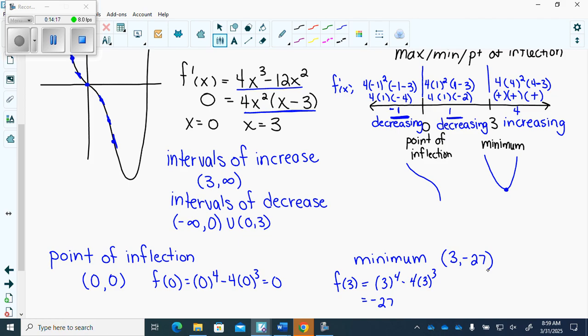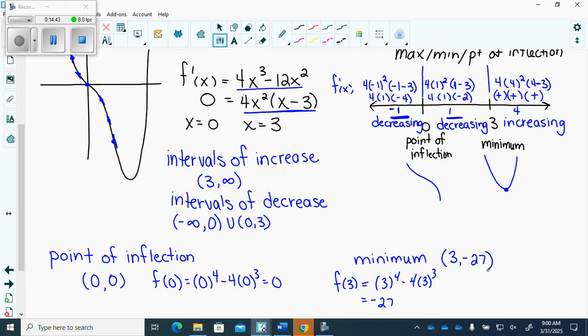Then we take those critical numbers and we make a number line. Wherever you plug in your value in your interval, if it comes out as a negative in the first derivative, the graph is decreasing there because it would have negative tangent slopes. And wherever you plug it in and it's positive, it's increasing because you have positive tangent slopes, right? When you go from a decrease to increase, you get a min. When you go from an increase to decrease, you get a max, right? That's all this is, over and over and over.